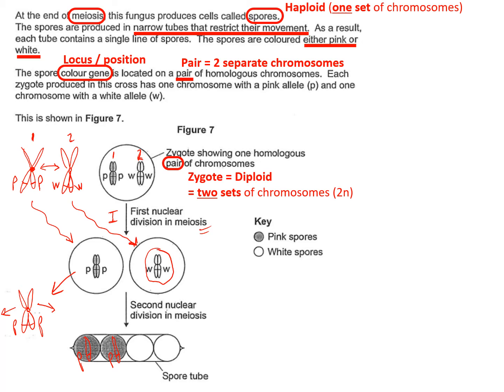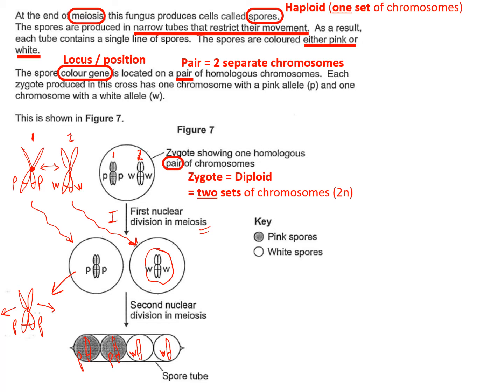This replicated chromosome that I've just circled on the right hand side, the two sister chromatids would separate, they'd be pulled to opposite poles of the cell, the centromere would be split, and therefore we would get one sister chromatid in that spore with the white allele and the identical sister chromatid in the fourth spore, again with the white allele.